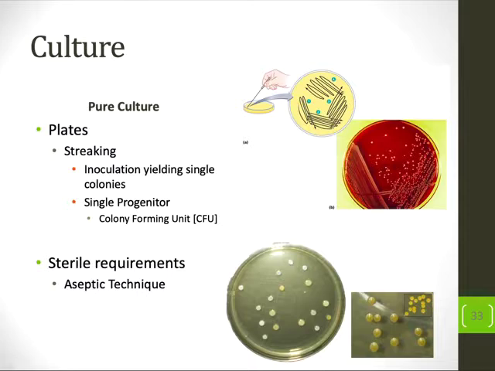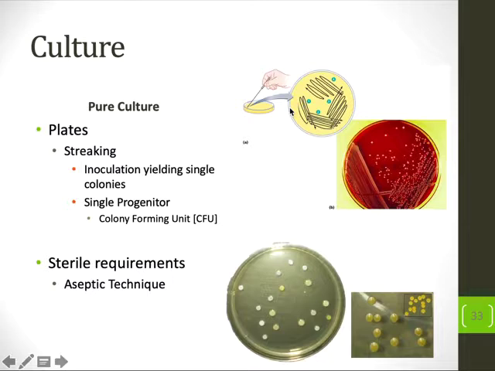And then the culture that grows, you have a pure culture. A pure culture is made up of the same species of organisms, so it's not a mixed culture. A mixed culture may have two or more organisms together on one media. You could have plates, so these are plates, and we streak these plates. We call it streaking for isolation.